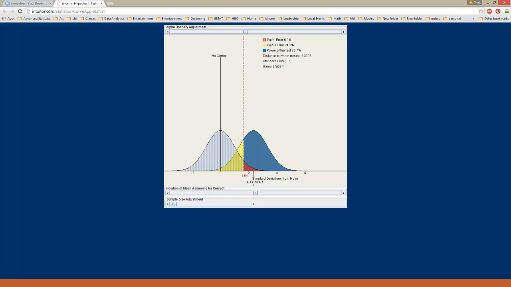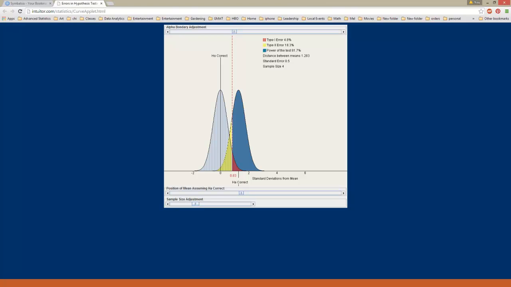You can see why I try to do this ahead of time instead of live. Let's put it here. The power of the test is 36%. Now I'm going to take this up, move the alpha back to 0.05 or 5%.